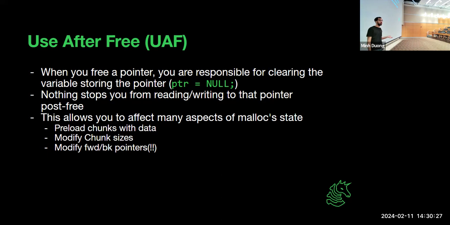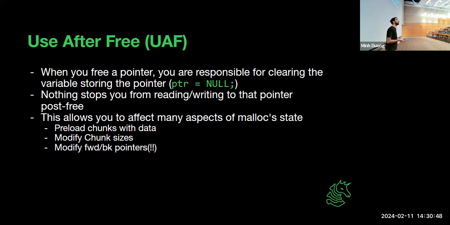But nothing is stopping you from writing or reading to that pointer after you've freed it. So this allows you to screw up malloc's structure. You can either preload chunks with data, which might cause logical errors in the program. You can modify chunk sizes if you can index through your pointer and affect other chunks.